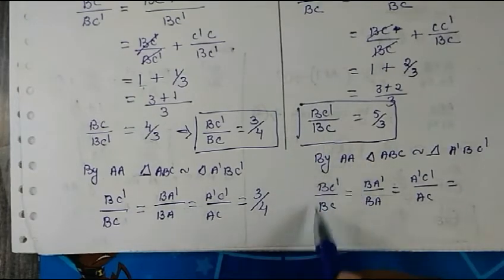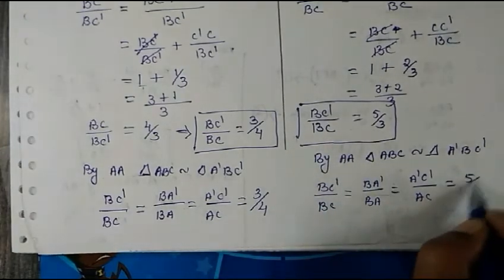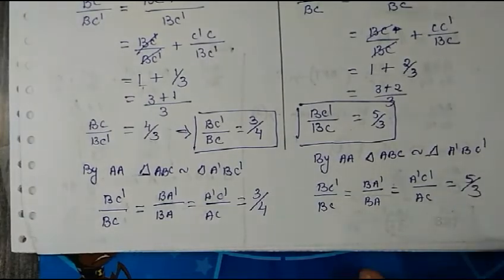So by angle criteria, all three sides will be the same, 5 upon 3. That's how you have to prove the justification.